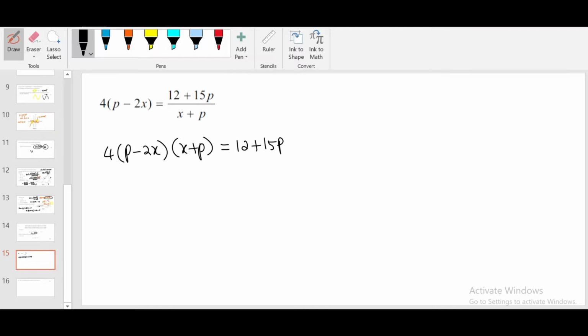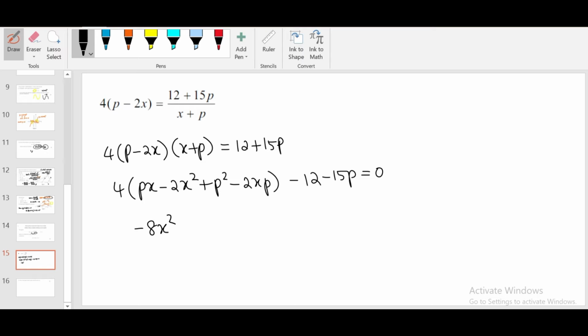Open the bracket, you will get 4 times px minus 2x square, p square minus 2xp minus 12 minus 15p is 0. So it's going to be minus 8x square and then plus 4px minus 8px plus 4p square minus 15p minus 12 is 0.